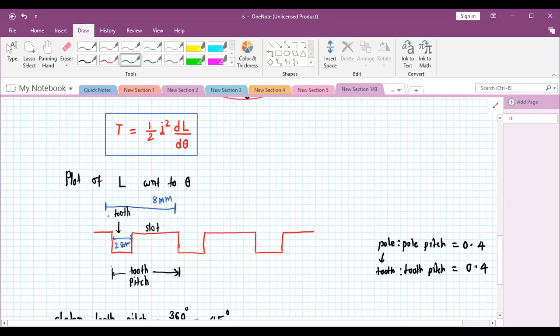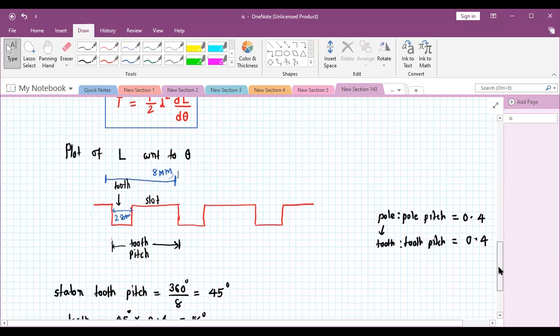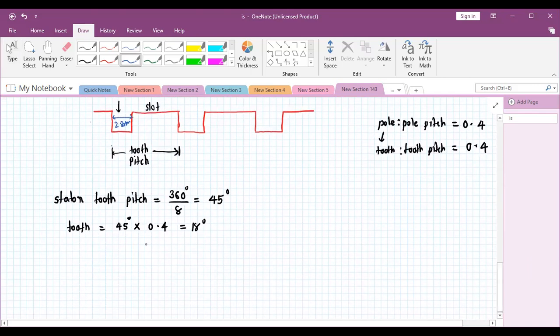So suppose we are comparing this particular length, then in 8 mm, 2 mm is for tooth and 6 mm for the slot. Same way, 2 mm for the tooth, 6 mm for the slot. That is called this 0.4 ratio. So tooth width is 45 into 0.4 length. Okay, 45 into 0.4 is equal to 18 degree.